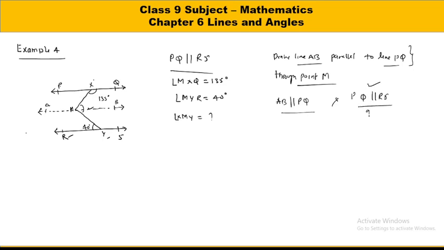This is already given, and this one is done by construction. So if we compare these two, we can say that AB is parallel to RS.